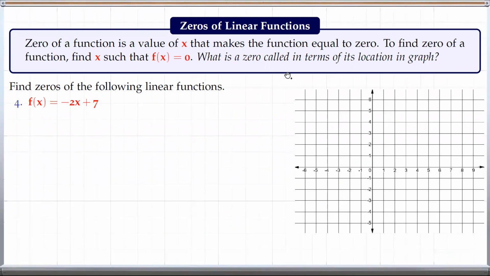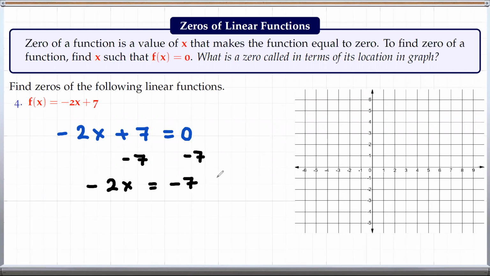This is the next example we have. Again, we want to find 0 of this function. For that, we simply set this function equal to 0. So we can subtract 7 from both sides. That will give us negative 2x equals negative 7.